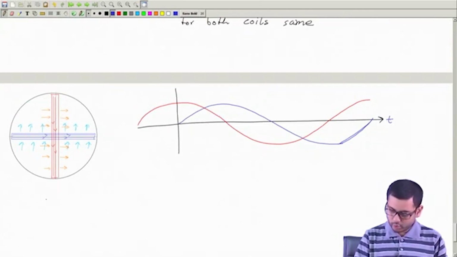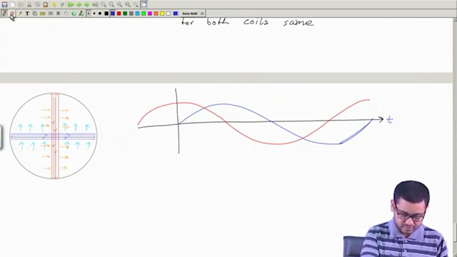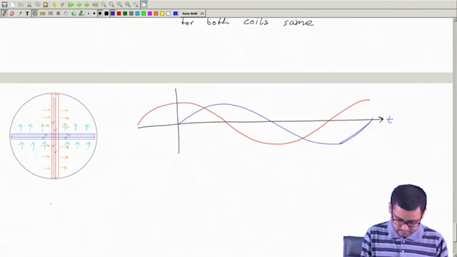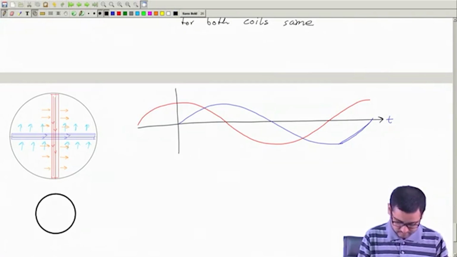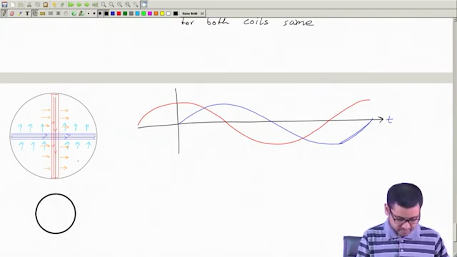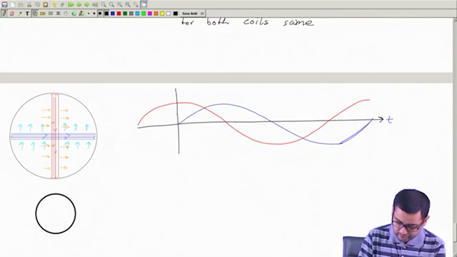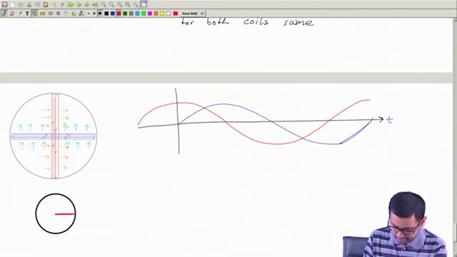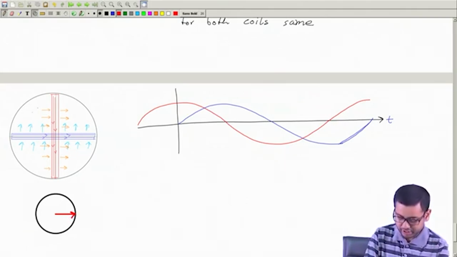Say at t equals 0. So at t equals 0, then this red current is maximum. So this red flux will be maximum. Okay, so we will have a maximum red flux from left to right. So this is the miniature version of this diagram.